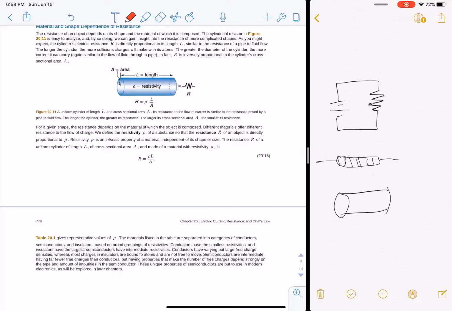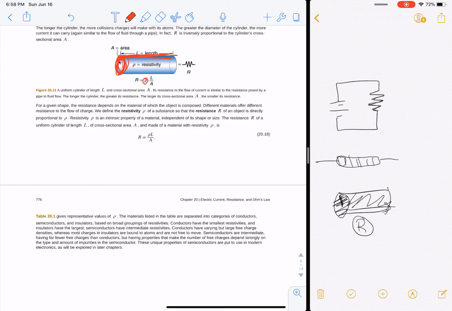It's got a cross-sectional area, a length, and a density of some resistive material. So if you want to know the total resistance of this material, it's this term rho, which is the resistivity. It's a property you have to look up, times the length of it, divided by the cross-sectional area. And that gives you your resistance.